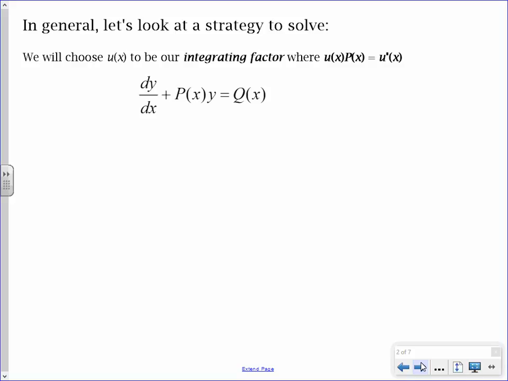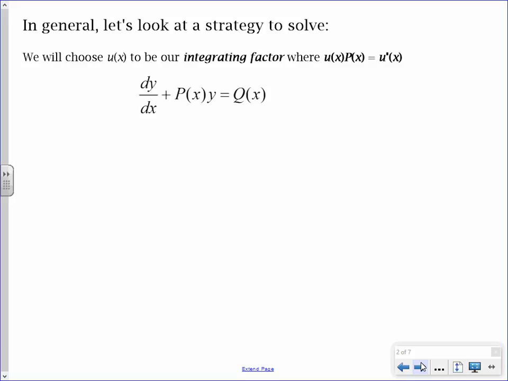Right now, things seem kind of wacky. It'll all come together as we start putting pieces together, okay? So, basically, we're going to choose an integrating factor so that we multiply our entire differential equation by that integrating factor.